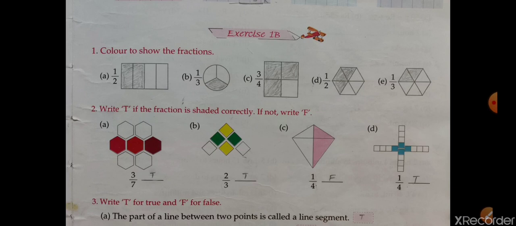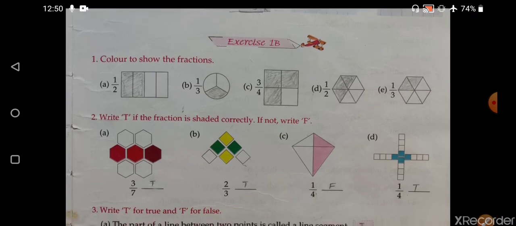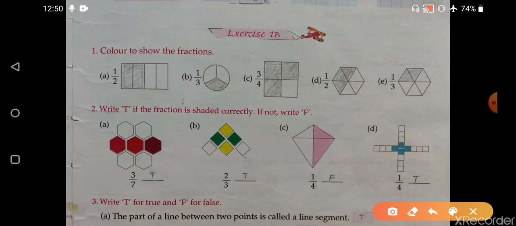So 1, 2, 3, 4. There are 4 parts. So when we are asked to color half of them, we'll cover 2 parts of the figure. The figure has 4 parts in total, so we'll color half.